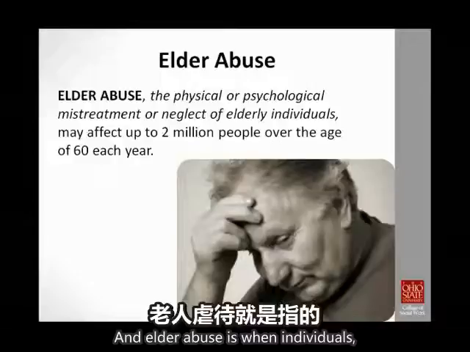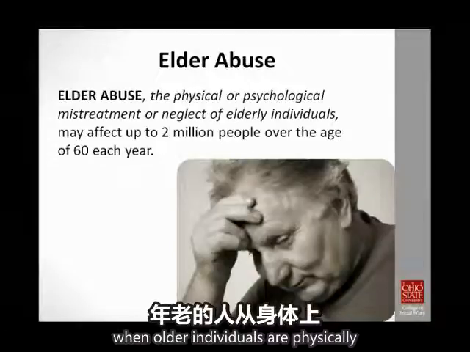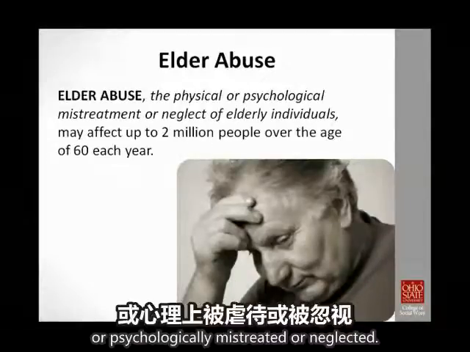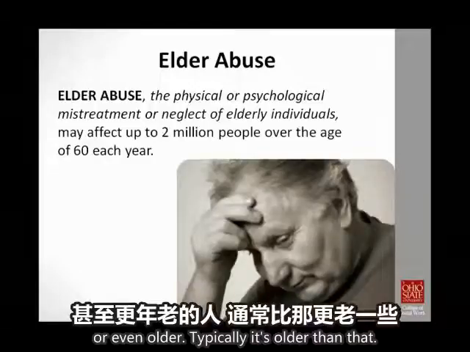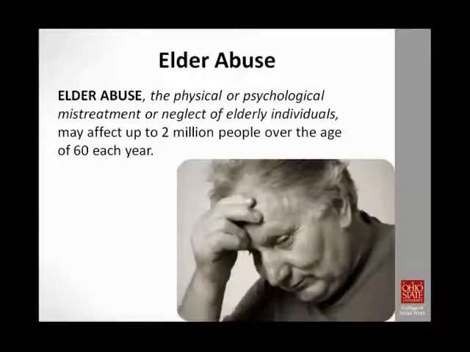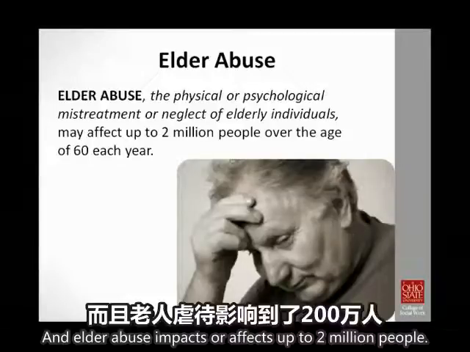And elder abuse is when older individuals are physically or psychologically mistreated or neglected. And these are typically people over the age of 60 or even older. Typically it's older than that. And elder abuse affects up to 2 million people.